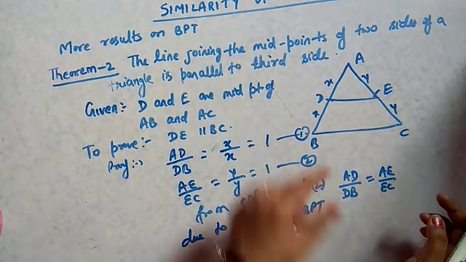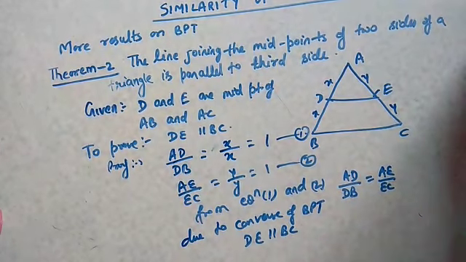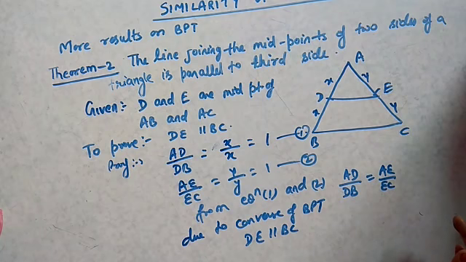We have read this, that when AD by DB equals AE by EC, it means the line DE is parallel to BC. This is the converse of the midpoint theorem. Okay, now let us discuss the third theorem.